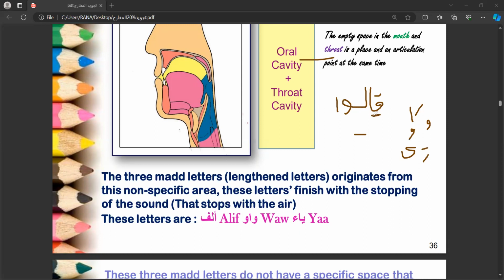The sound of alif comes from al-jawf. Qa, qa, lu. So the alif and the waw we pronounce from al-jawf, the empty space in the mouth and throat.